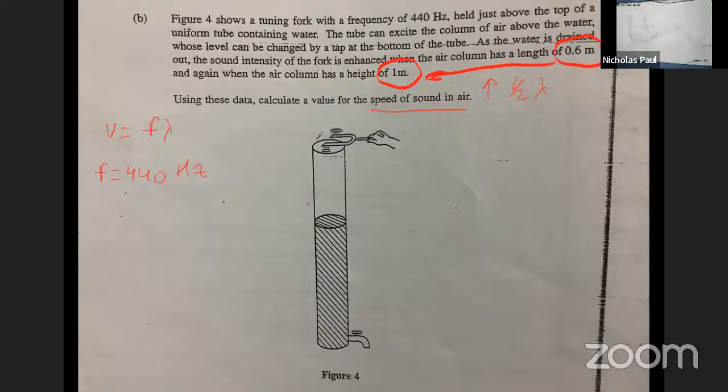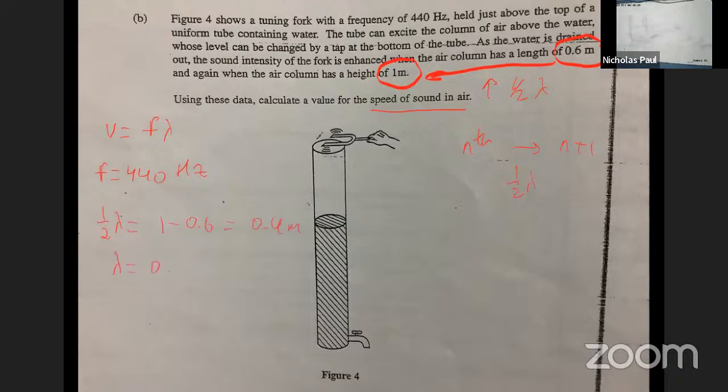So we need to find lambda, right? We know that from the nth harmonic to the n plus one harmonic, it doesn't matter which harmonic, it's increased by half a wave. So it means that half a wavelength is equal to 1 minus 0.6, which is 0.4 meters.